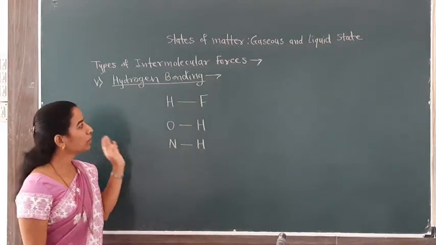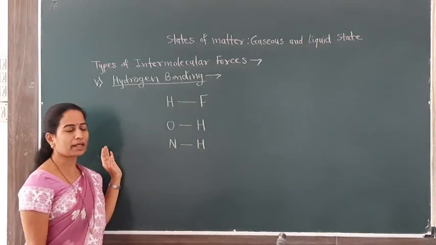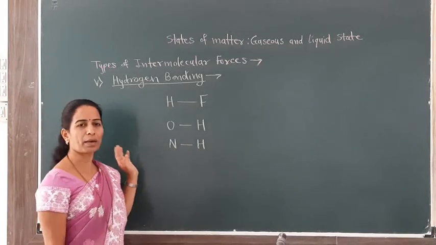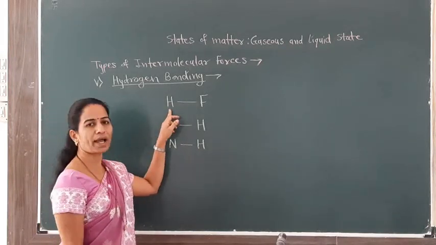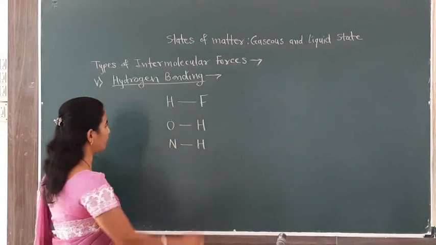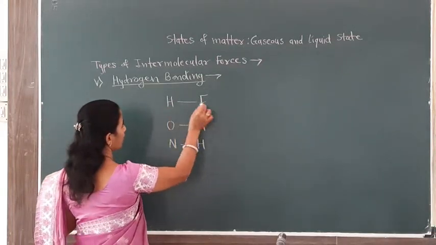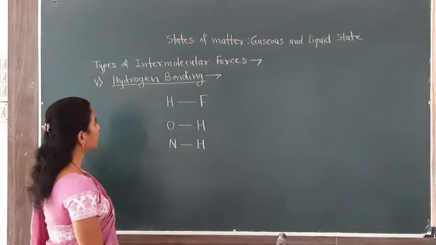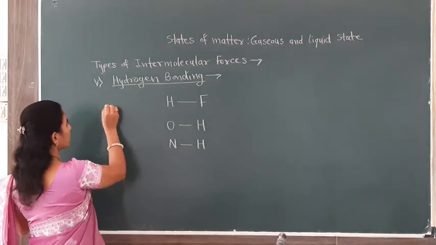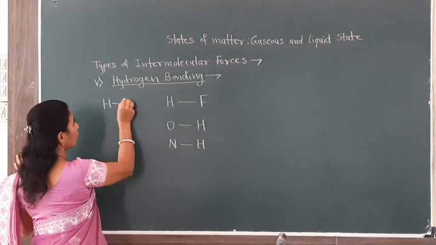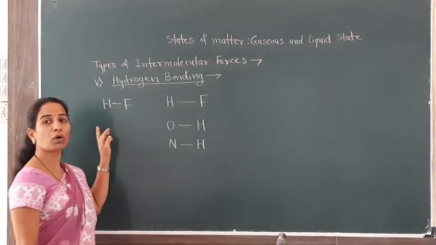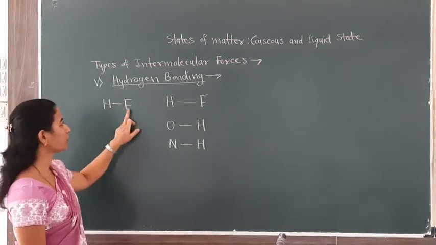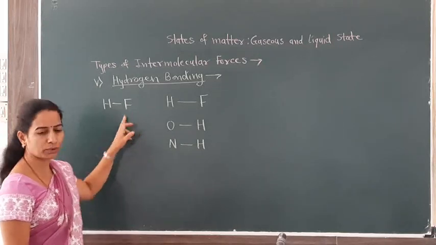Okay. Now, in this case, what happens? The hydrogen atom of one molecule, suppose the hydrogen atom of this HF molecule, will form a bond with the more electronegative atom of another molecule. See, this is another HF molecule.